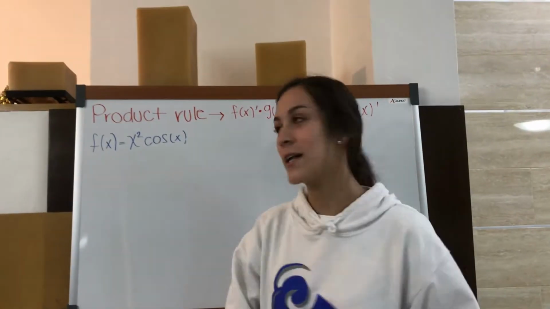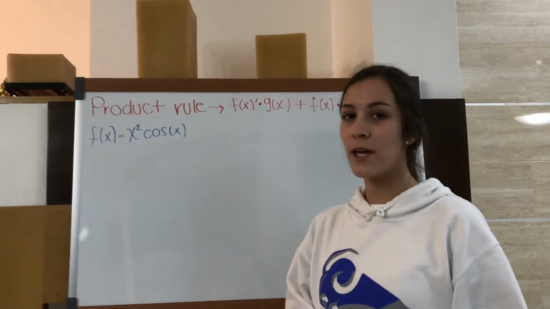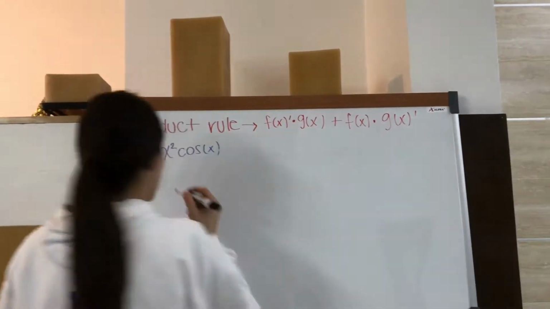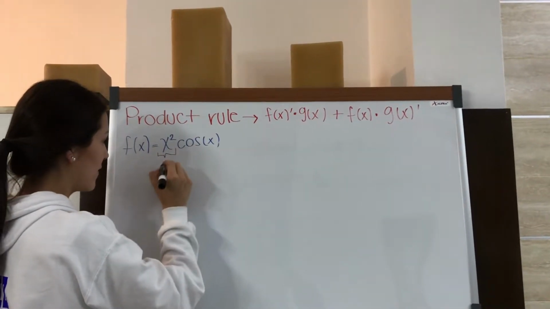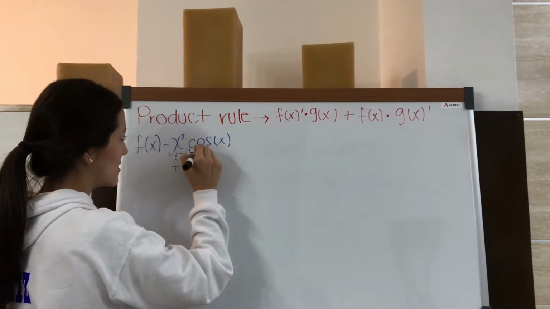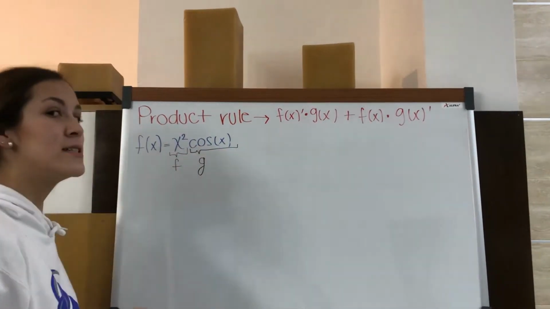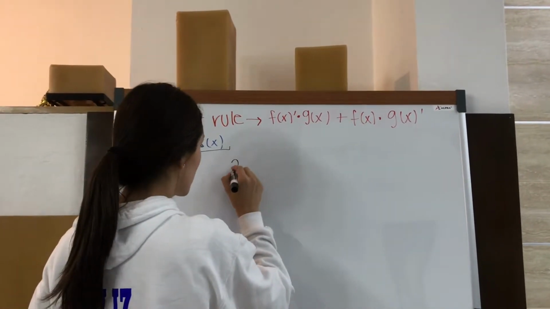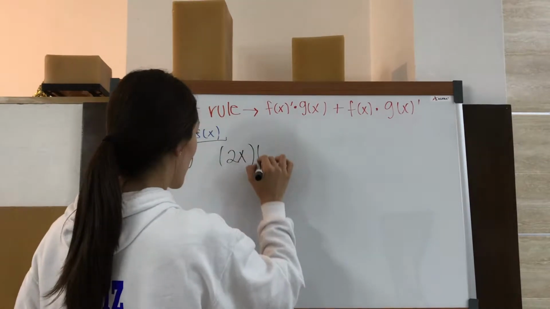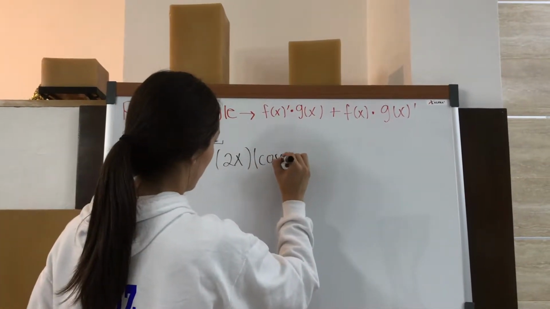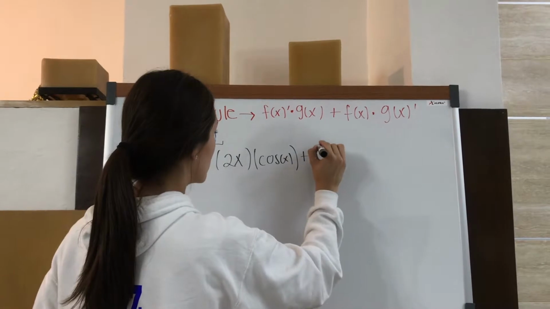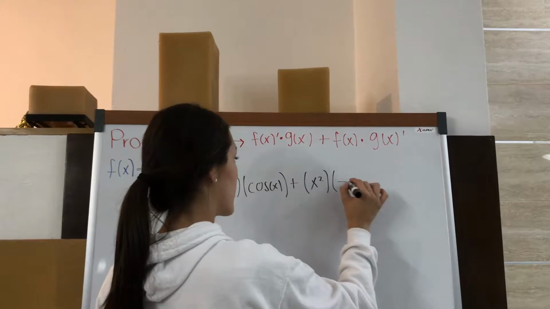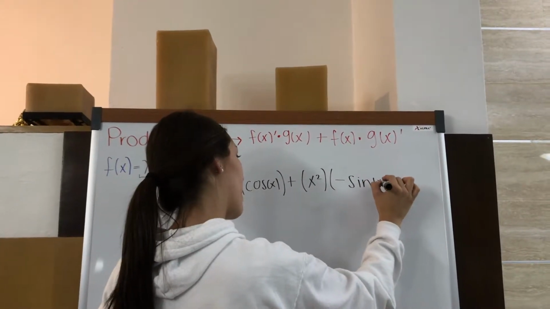Here we have the second example of product rule. So we are going to determine our f and our g. This is our f and this is our g. So the rule, the derivative of f, that is 2x times g plus f times the derivative of g.